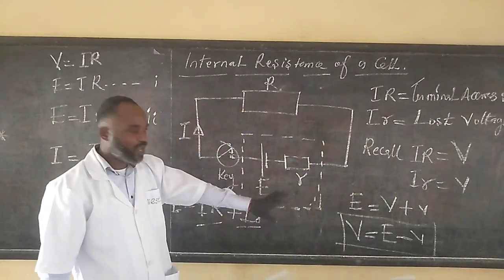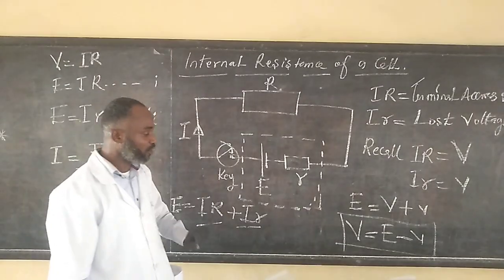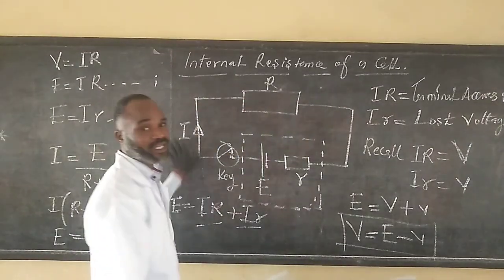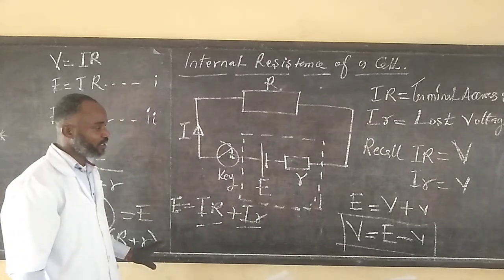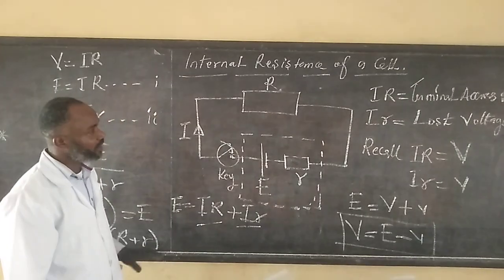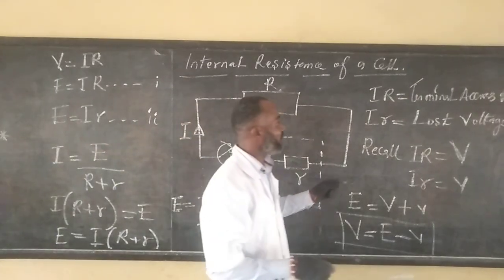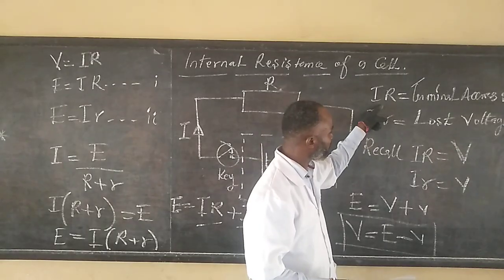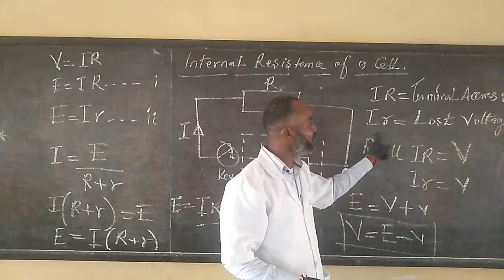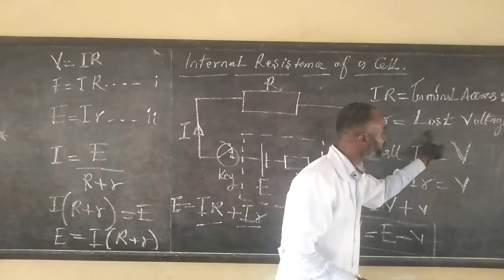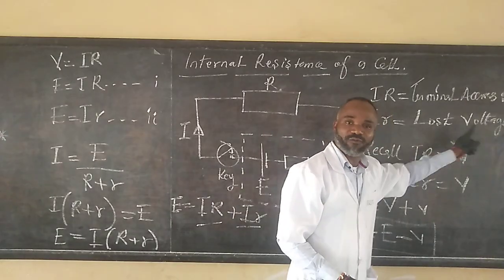This is very, very important while solving any question that has to do with internal resistance of a cell. If we are asked to find the voltage across the internal resistance, we are looking for the lost voltage.